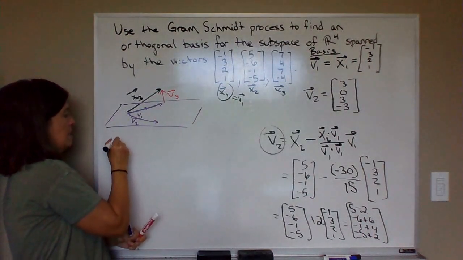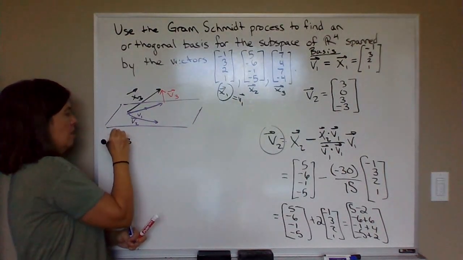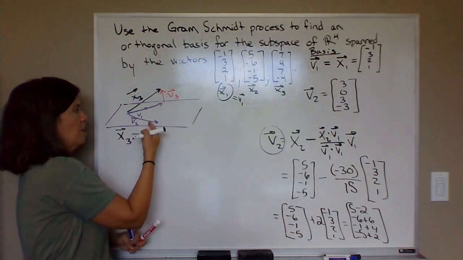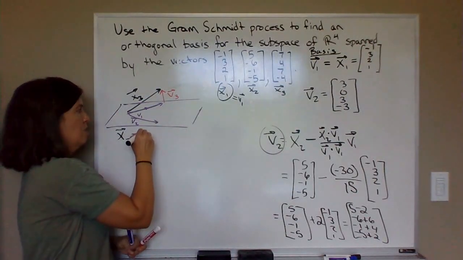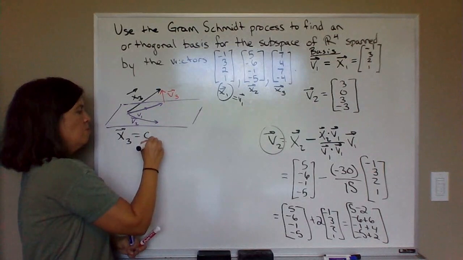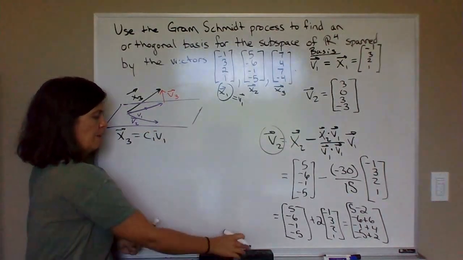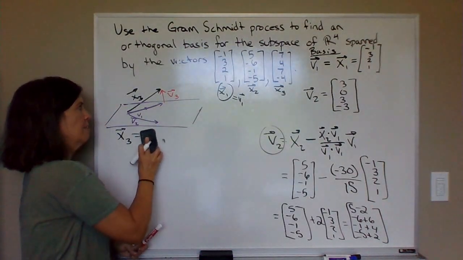So we want to write x3 as the sum of a vector that's already in the span of V1 and V2. So that's going to be something like C1 V1. Let me write this in purple so it matches my diagram.